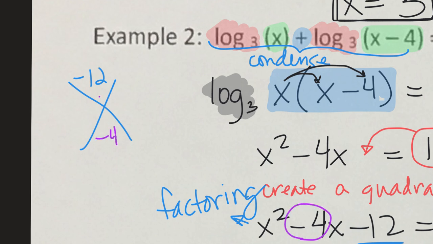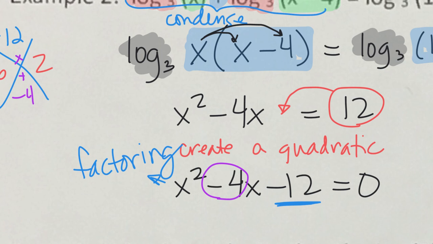So we're looking for multipliers of negative 12 that also add to give negative 4. Hopefully your brain goes to negative 6 and positive 2. Negative 6 and positive 2 are the numbers that multiply to give you negative 12 and add to give negative 4.